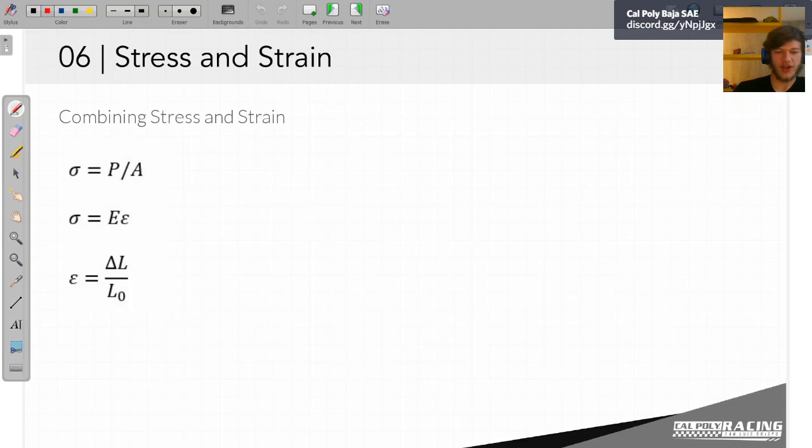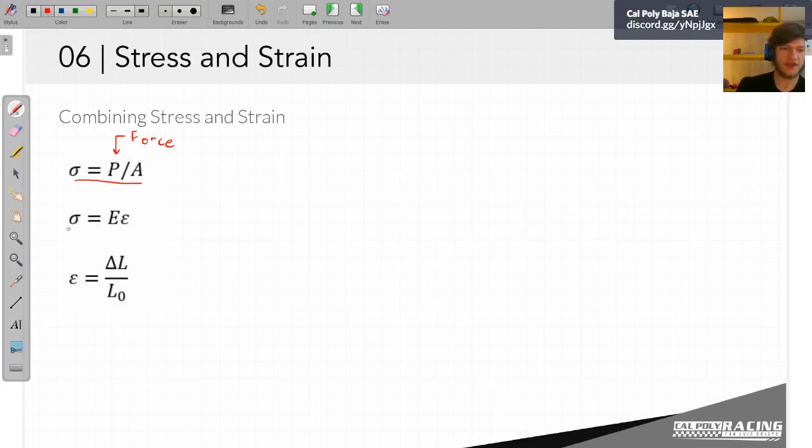That's fine. Okay. So if we think back to last week, we had these definitions for stress and strain. So we have three different equations here. This first one just comes from our definition. Remember, P here is just another variable name for force. So this is our definition equation, force divided by area.